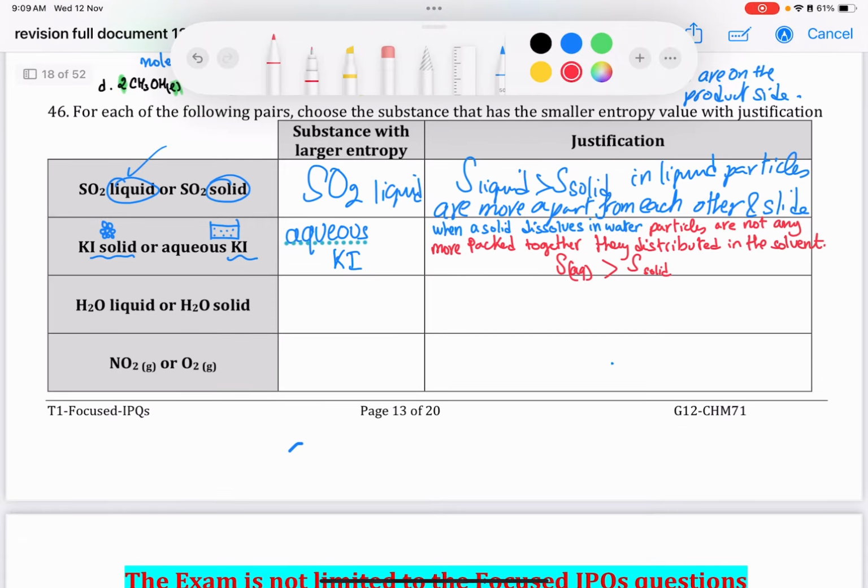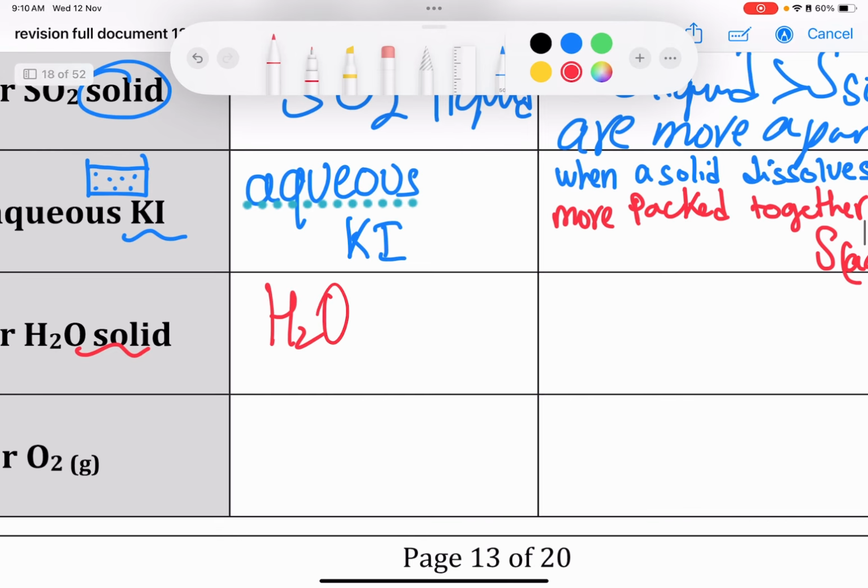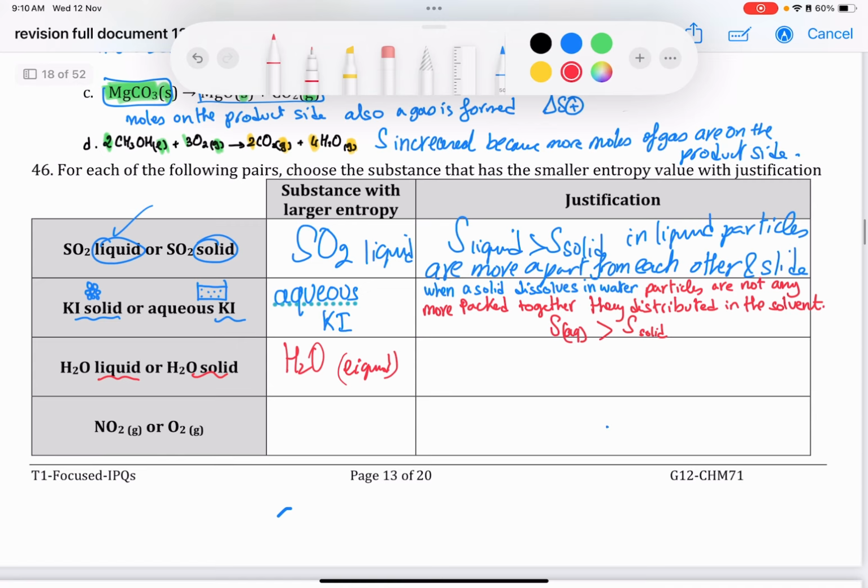Now, again, liquid or solid, which one has higher entropy? Of course, the liquid, for the same reason mentioned in the first one.